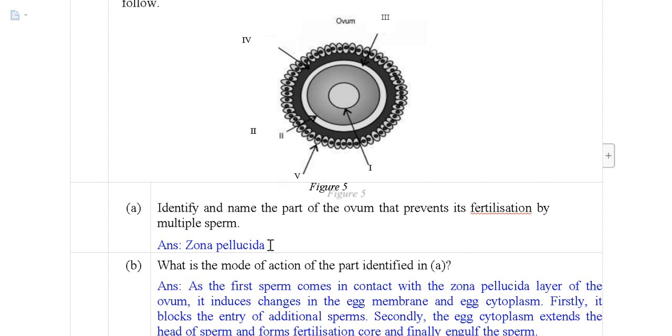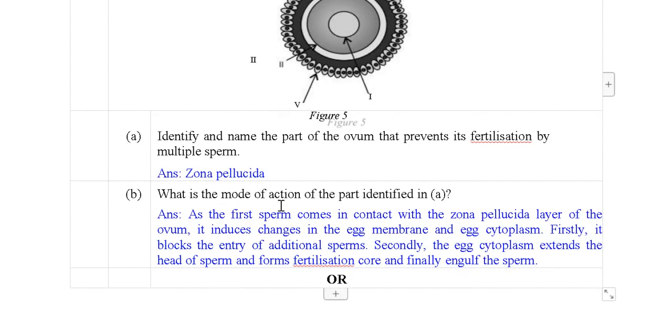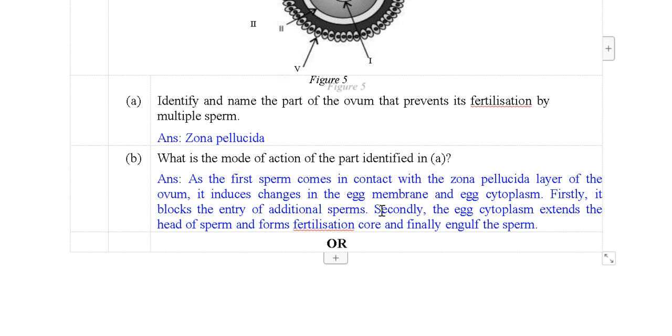Zona pellucida. Now, what is the mode of action of the part identified in A? It is written that as the first sperm comes in contact with the zona pellucida layer of the ovum, it induces changes in the egg membrane and egg cytoplasm.